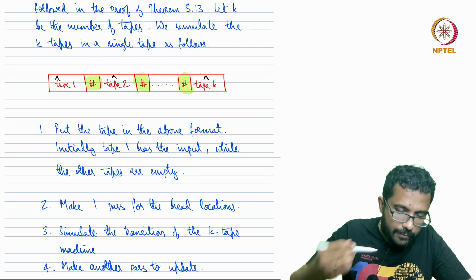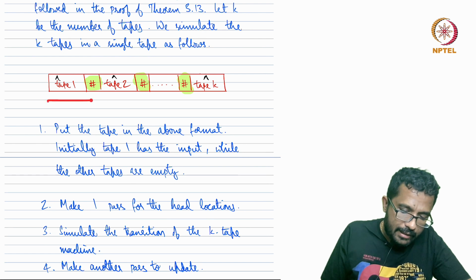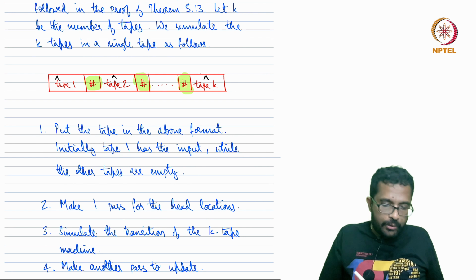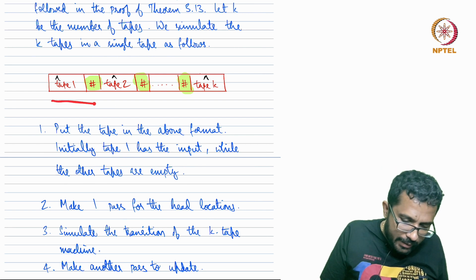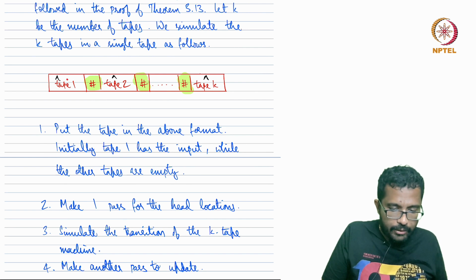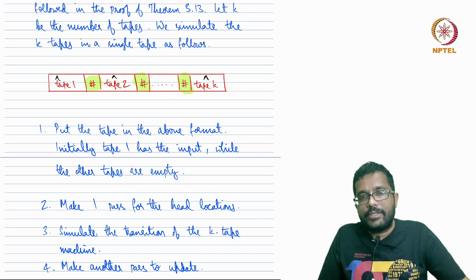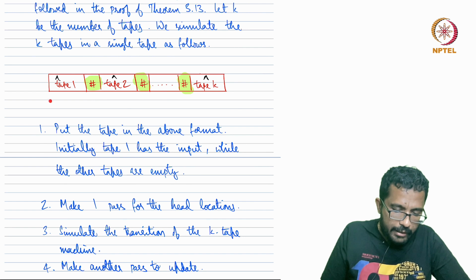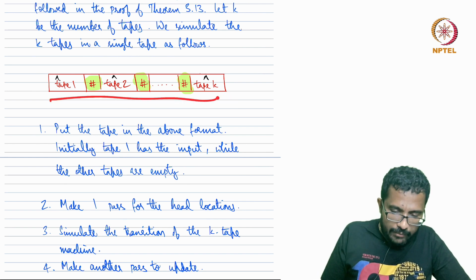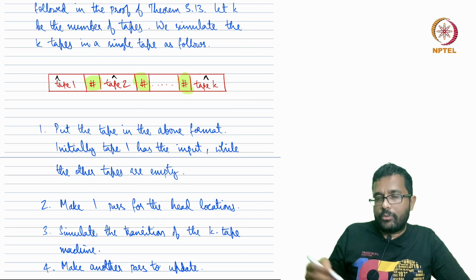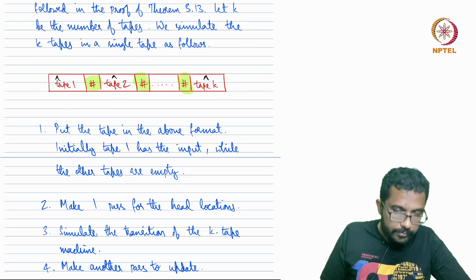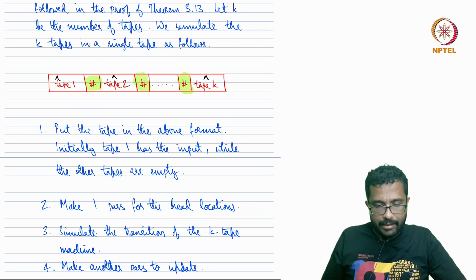Now it has to reflect that change in the single tape, which is virtually encoding the multiple tapes. So to make the change, it makes another pass from left to right. If it needs to move the head position one place, or if it needs to overwrite, all that it will do in that second pass. So basically 2 passes: one to scan, and then it figures out what is the next step, and then another pass to implement the change, right?